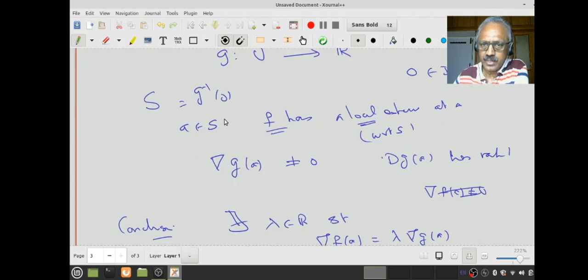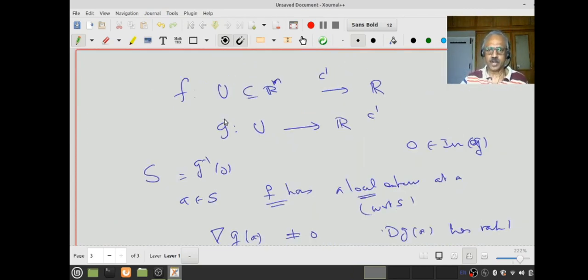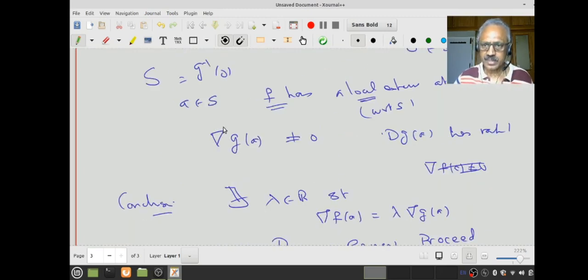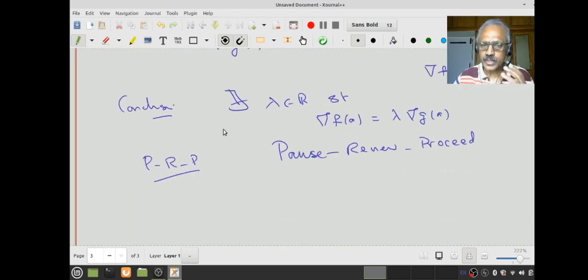So I don't want to say f should have a local maxima or minima on U, but it is subject to the constraint. The point x has a constraint, namely g of x equal to 0. At such points, how do I locate where it has a local extrema with respect to only the level set S?